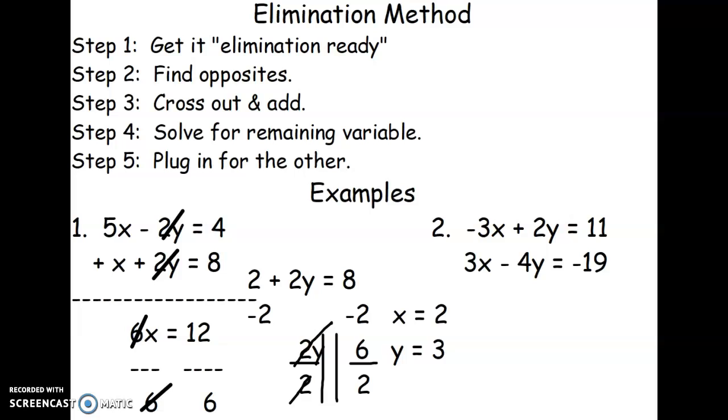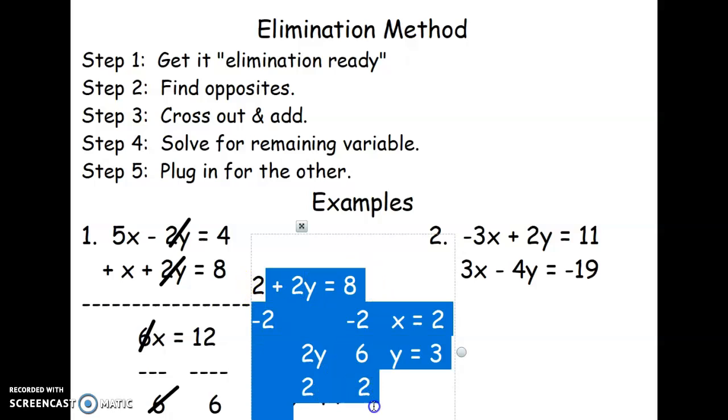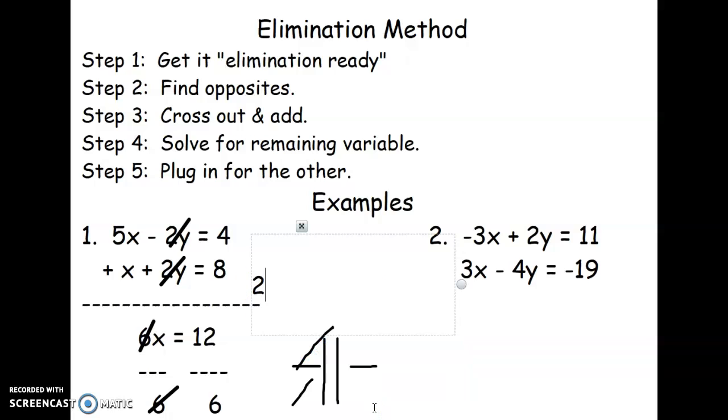Question 1. Is the problem elimination ready? The answer is yes, it is elimination ready. I have numbers on one side, I have variables on the other.